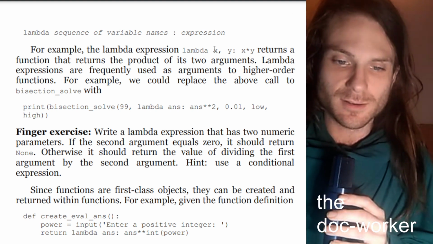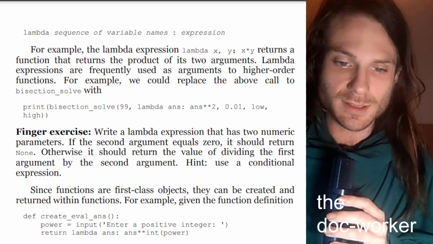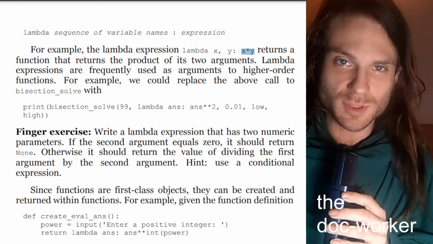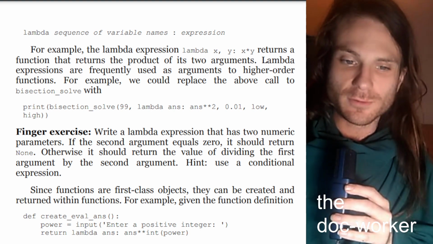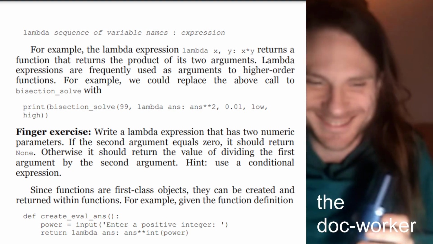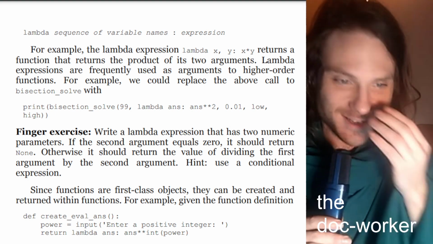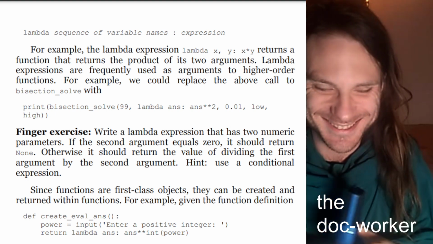So it's saying, we got two parameters here, and what it will return is whatever's passed in as arguments in those parameters multiplied by each other. Okay, lambda expressions are frequently used as arguments to higher order functions.